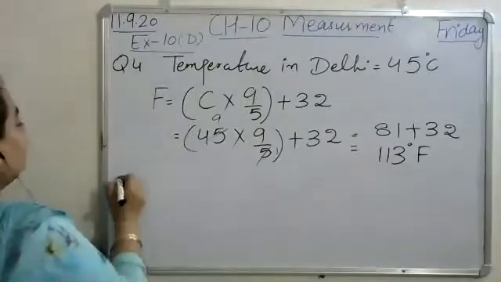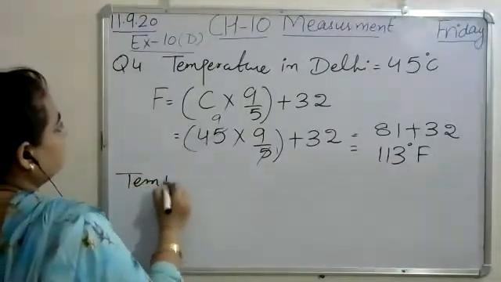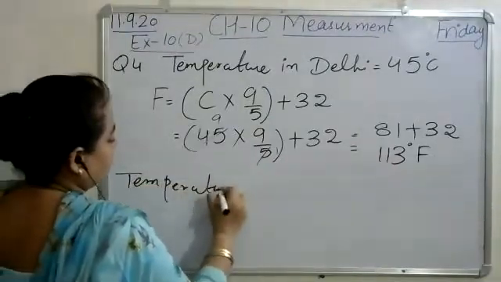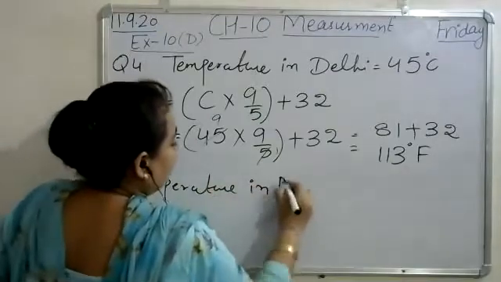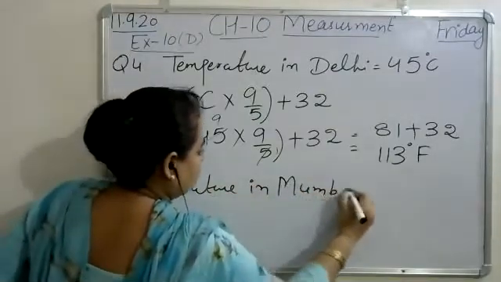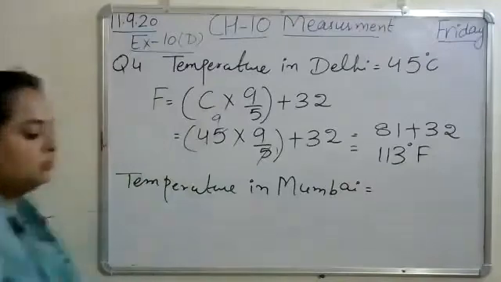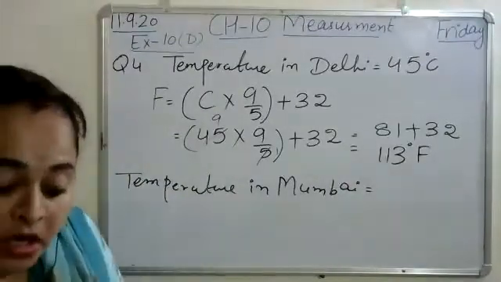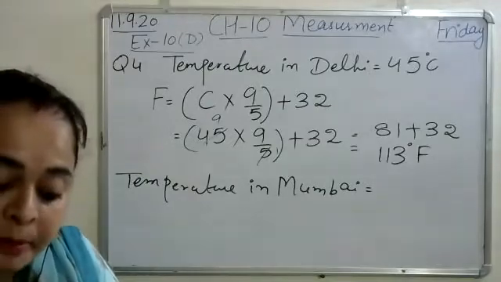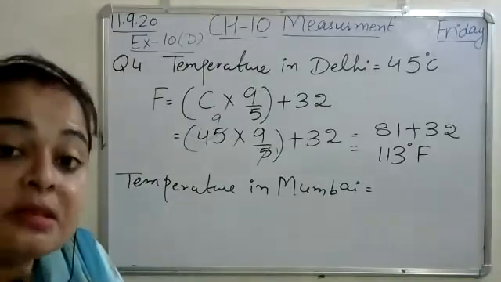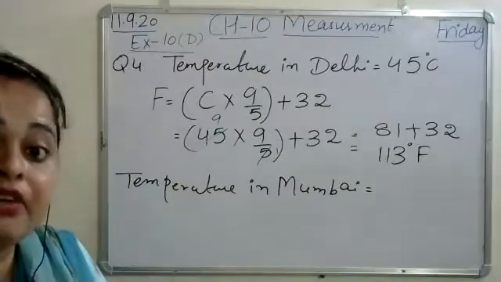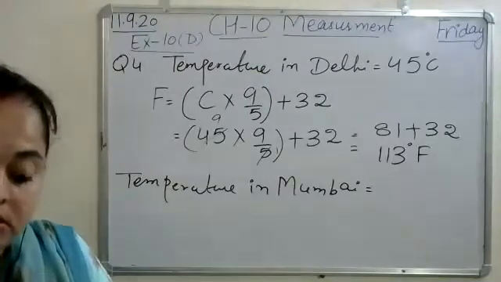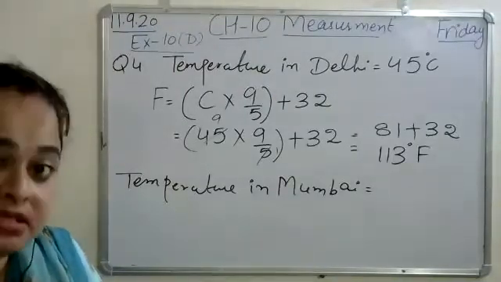Now, temperature in Mumbai. Now come to the temperature in Mumbai. Check your question. In Mumbai, the temperature was less by 20 degrees Fahrenheit. So what is the meaning of less?